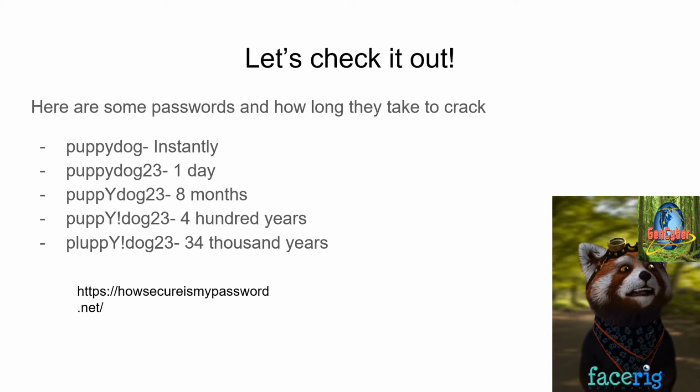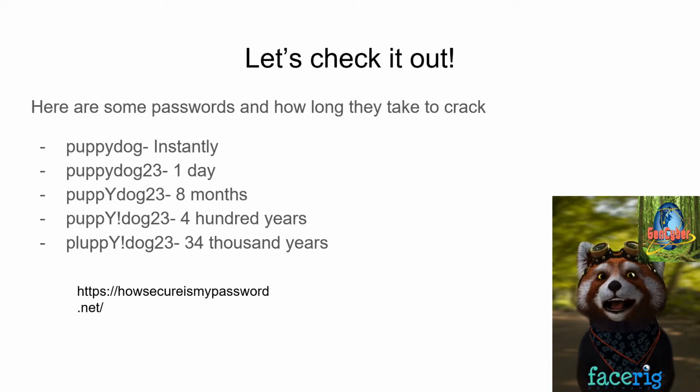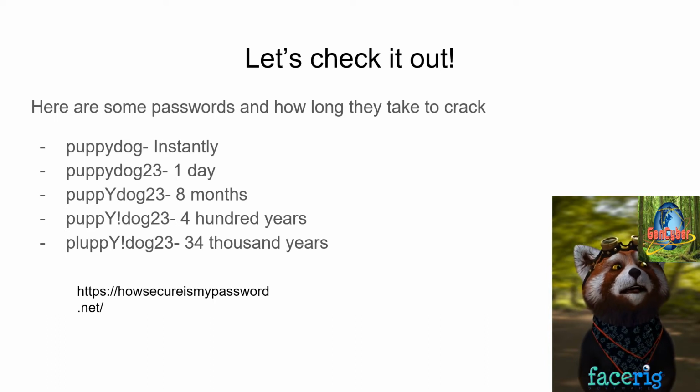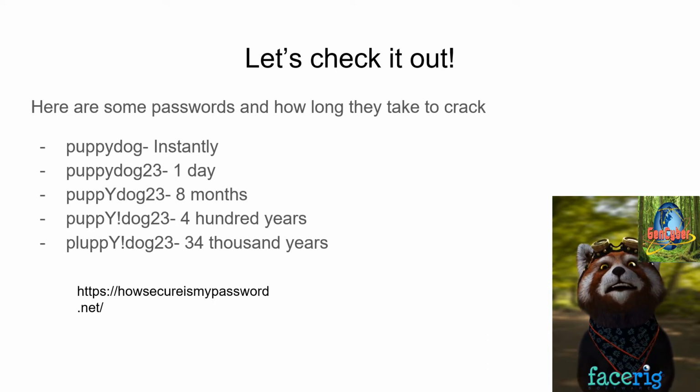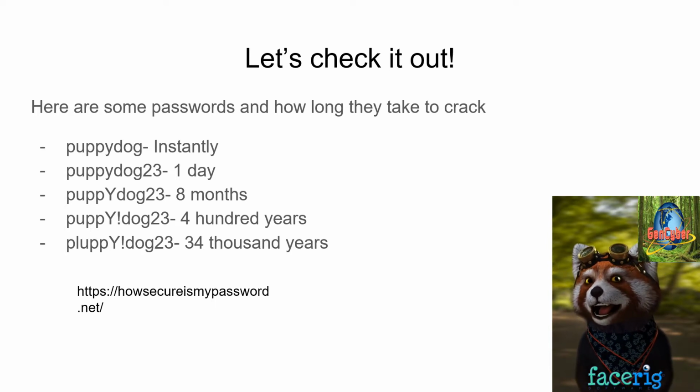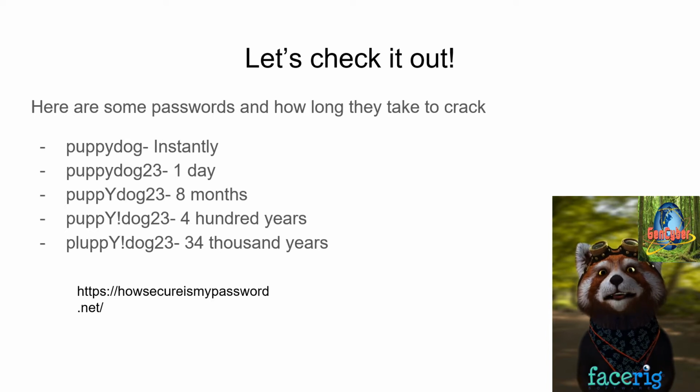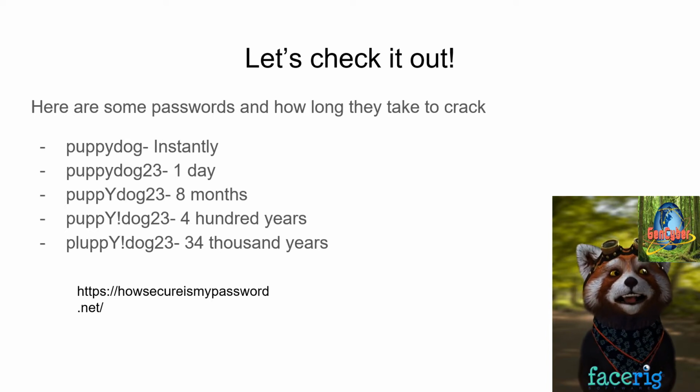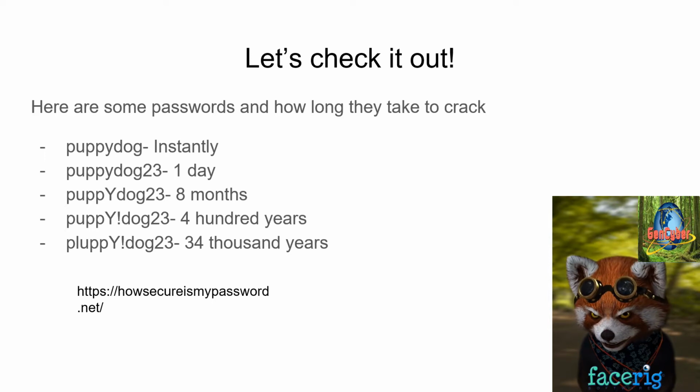And puppy dog capital Y exclamation point could take a few hundred years. And finally, puppy dog 23 with a capital Y, an exclamation point, and an L where we didn't expect it would take thousands of years.